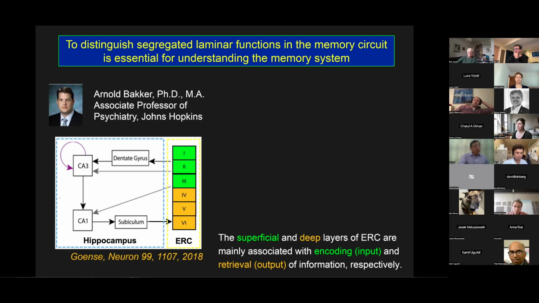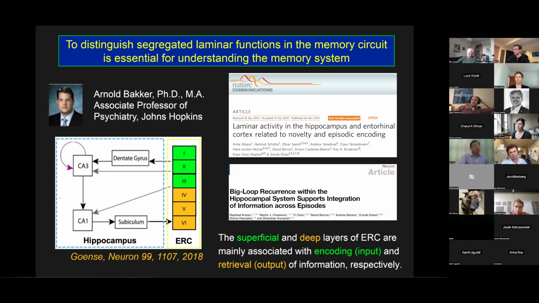And the deep layers are more associated with retrieval of information, or considered output layers. There have been lots of studies in the literature from animals, as well as some more recent studies from human subjects, looking at functional activities in these 2 different groups of layers.